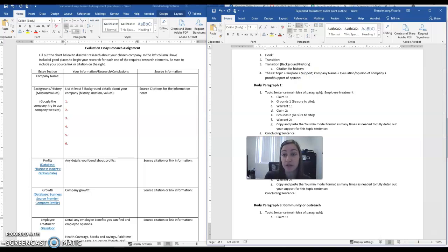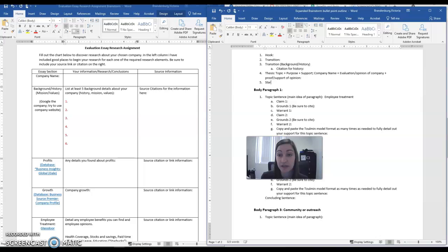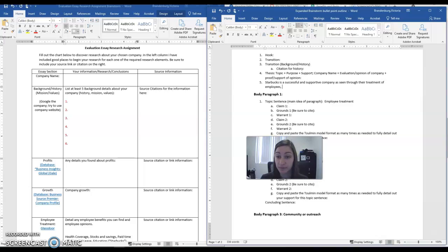So let's formulate our thesis. I'm going to say something like Starbucks, and you can see that I gave you a formula here. Starbucks is a successful and supportive company as seen through, and then my 3 things: their treatment of employees, financial stability, and community outreach.